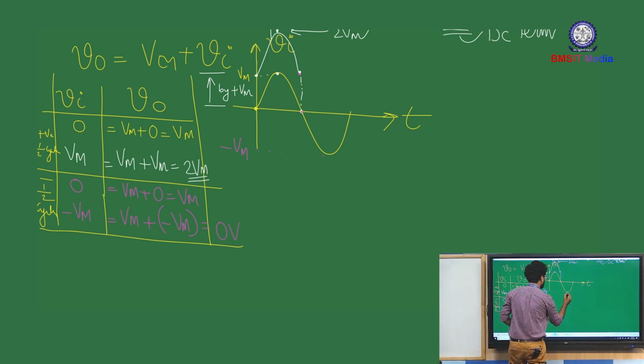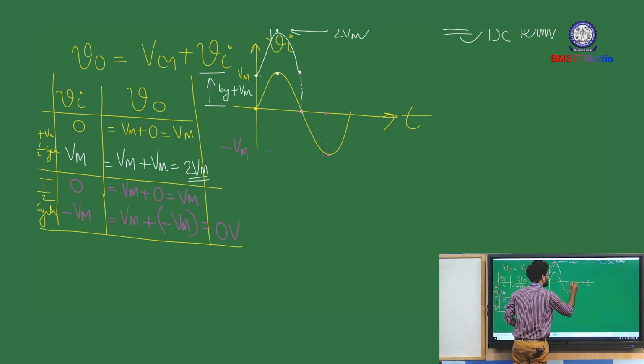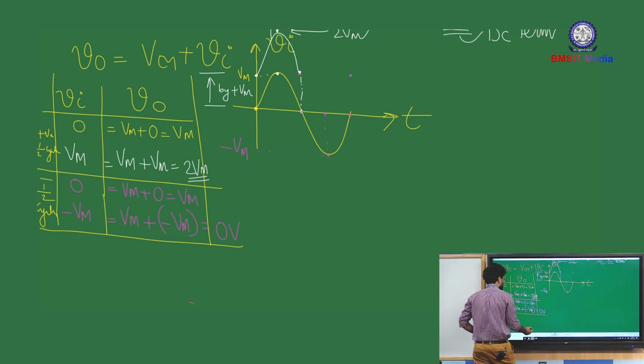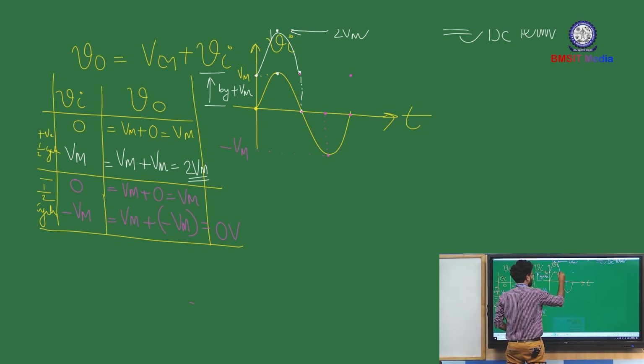So when your input reaches negative maximum, your output reaches the 0 volt level. Similarly, when the input reaches the 0 volt level, the output reaches the Vm level. Now you can complete the waveform. When your input is 0, the output is at plus Vm, and when your input is at minus Vm, the output is at the 0 volt level.